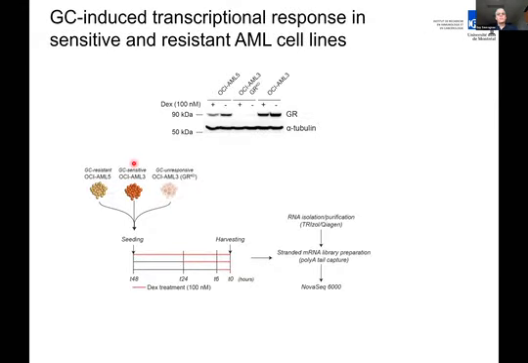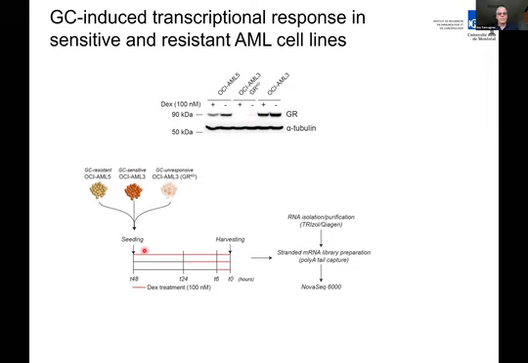So in the first approach, we find that glucocorticoid-induced transcriptional response can be observed both in sensitive and in resistant cells. So we've used the resistant AML5 cell, we've used the sensitive AML3 cell, and we've used the engineered resistant AML3 cell in which glucocorticoid receptor was knocked down by shRNA.